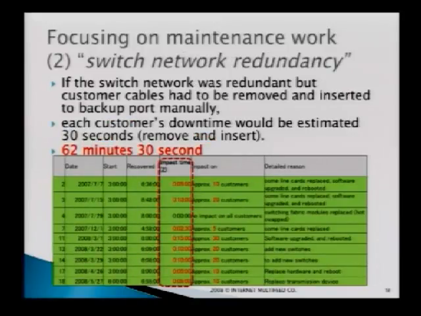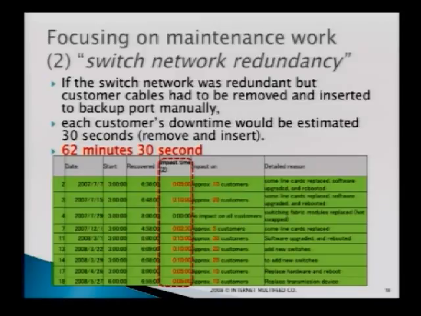But we have a redundant network, with main and backup ports for all the customers. So when we do maintenance, the customer's connection is moved from the main port to the backup switches. It may take 15 seconds at least.